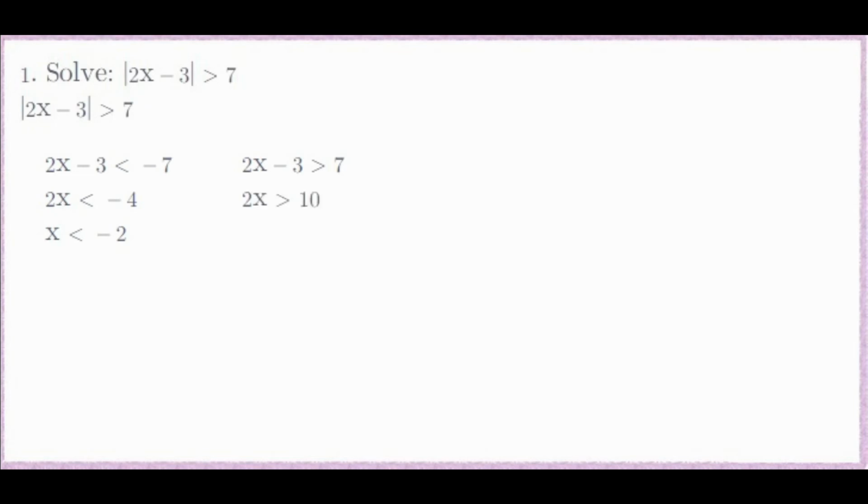Working on the other side, we get 2x is greater than 10, x is greater than 5. So we write that x is between negative infinity and negative 2, or x is between 5 and positive infinity. Since a number can't be both smaller than negative 2 and bigger than positive 5 at the same time, we say or.